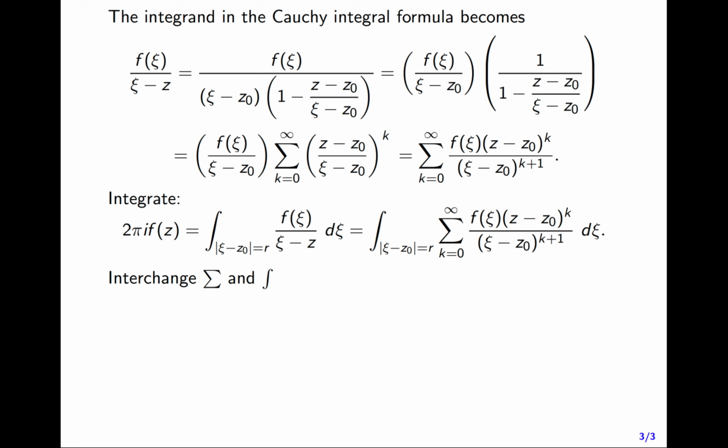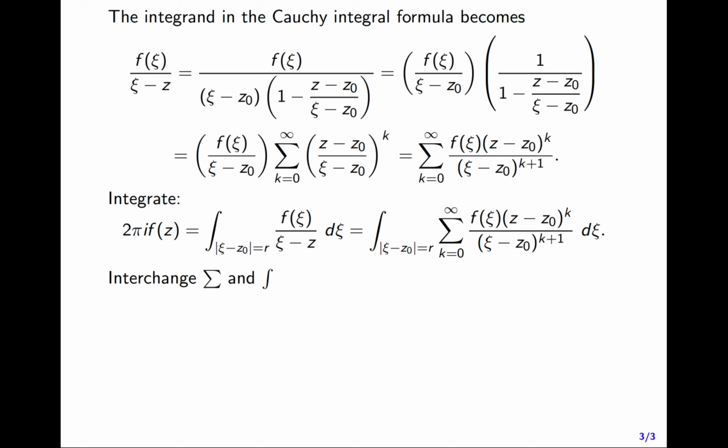And this is now the integral over that same circle, |c minus c0| equals r, of the sum from k equals 0 to infinity of f of c times (z minus c0) to the k over (c minus c0) to the k plus 1, from all the geometric series work I've done. So everything here is a totally legitimate equality, either from the Cauchy integral formula or from the geometric series.